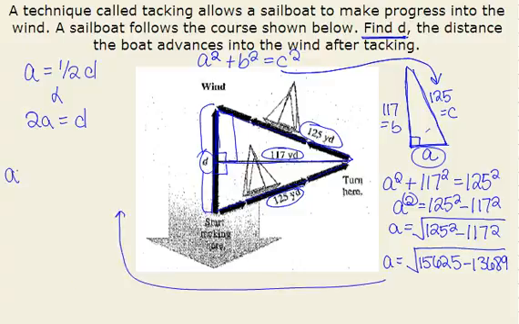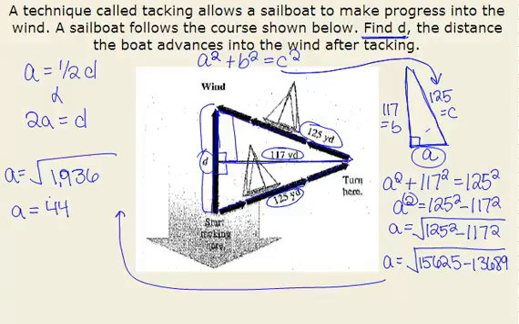A is equal to the square root of 15,625 minus 13,689, which is 1,936. Do the square root of that number, and lo and behold, we get a nice round number. We get A is equal to 44.